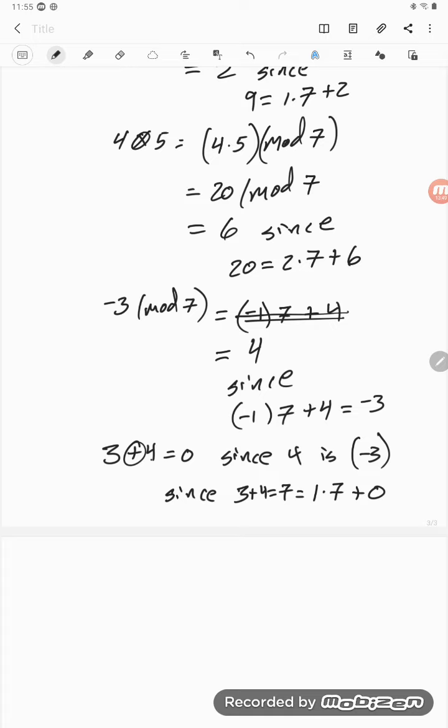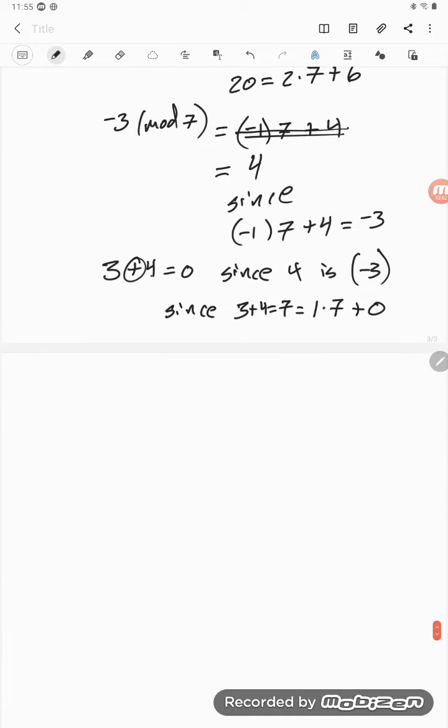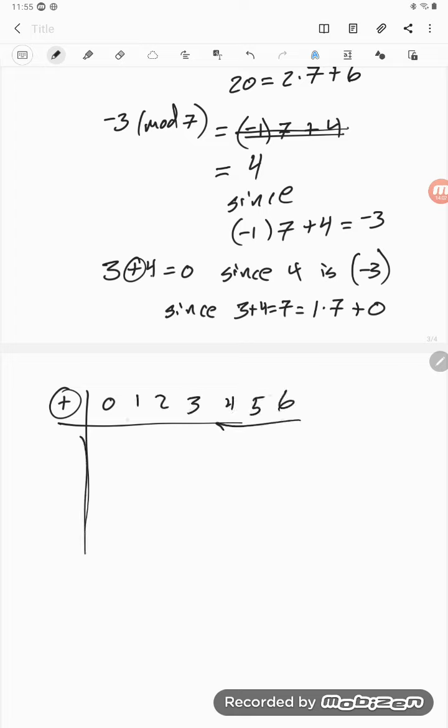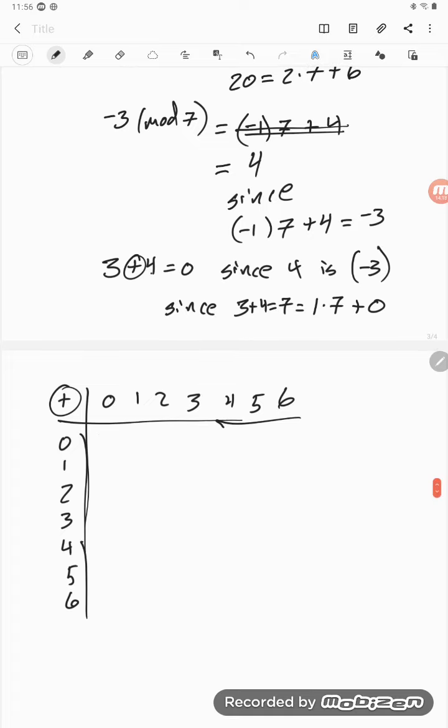So there's our remainder. To help you with this, you can make addition tables and multiplication tables. So here's 0, 1, 2, 3, 4, 5, 6. You used to do these when you were much younger, and I hope you did anyway. 0 plus anything is that thing, so we've got that pattern. It doesn't matter which order we go in.